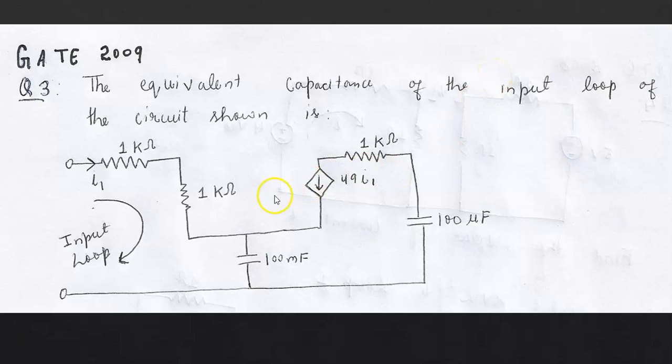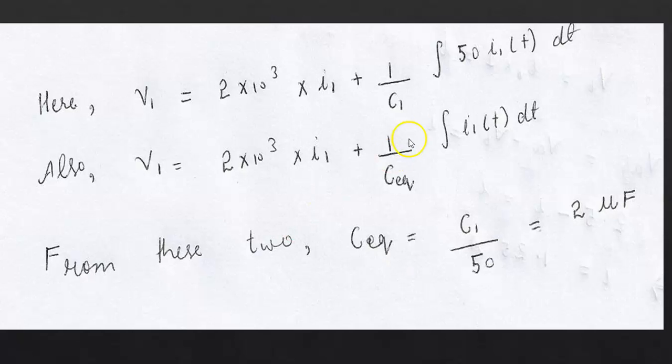Now the capacitance is 100 microfarad, and the total current is I1 plus 49 I1, as you can see from the circuit. So the total current will be 50 I1. So 1 by C integral 50 I1 dt.